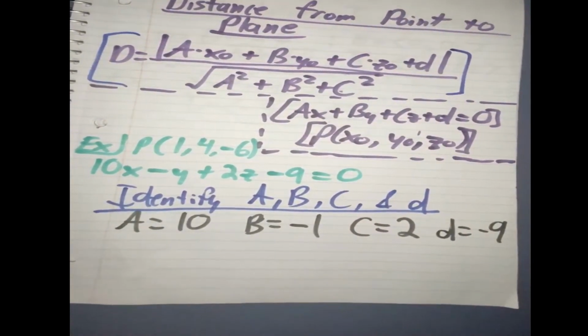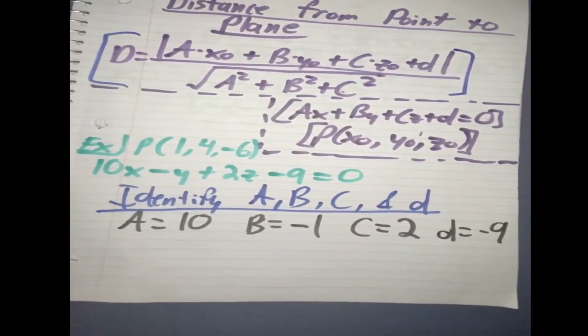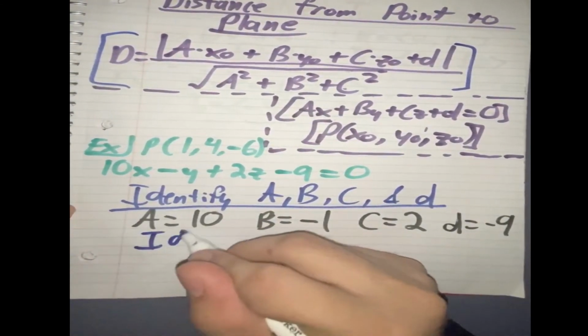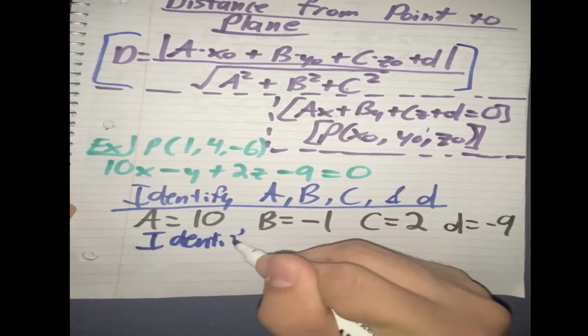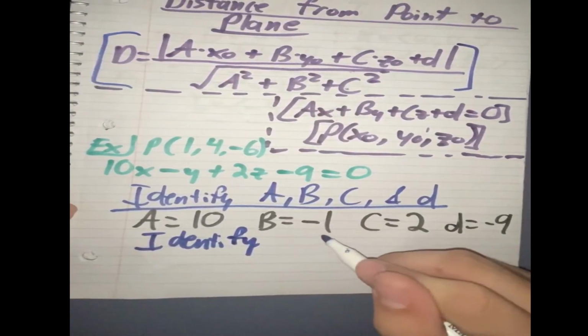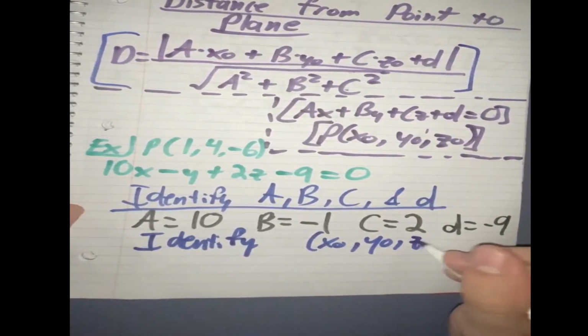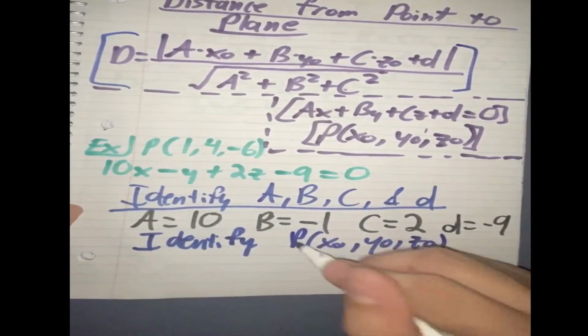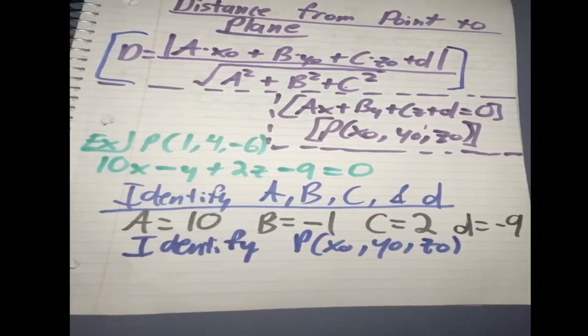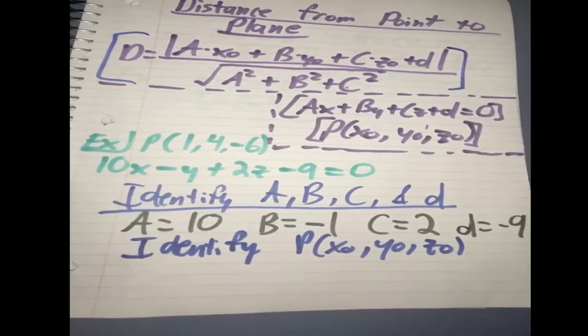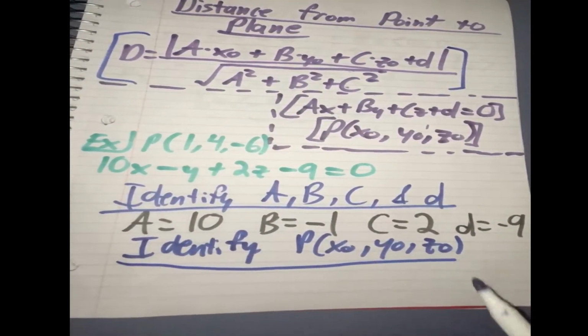So now the next step is to identify x naught, y naught, and z naught. And I'm going to put p right here because it's for point. So basically we're just identifying the x, y, and z components of our point.